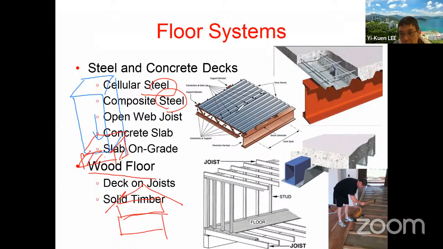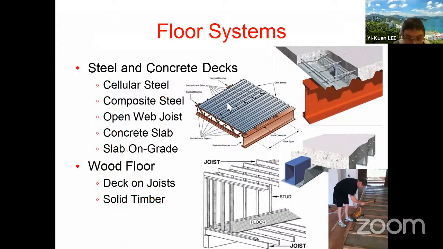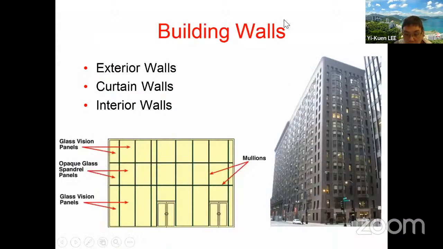Okay, so this is quite important. And then next, we talk about floor and building wall. For the modern buildings we see in Hong Kong, very common, our building wall is not that simple. We have a much more sophisticated design.